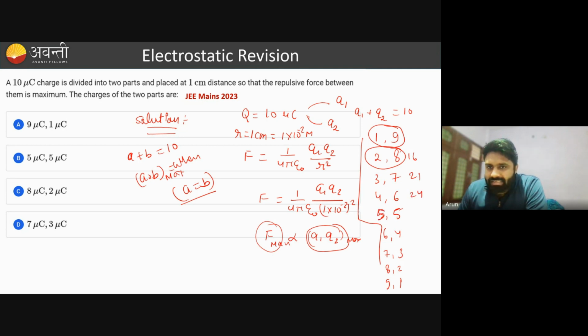If the charges are the same, 5 into 5 becomes 25, and the rest are less than 25. So the charges will be distributed as 5 microcoulomb and 5 microcoulomb. Try to learn this concept. Option B is the correct option. I hope you got it. If you have any kind of doubt, you can write it in the chat box.